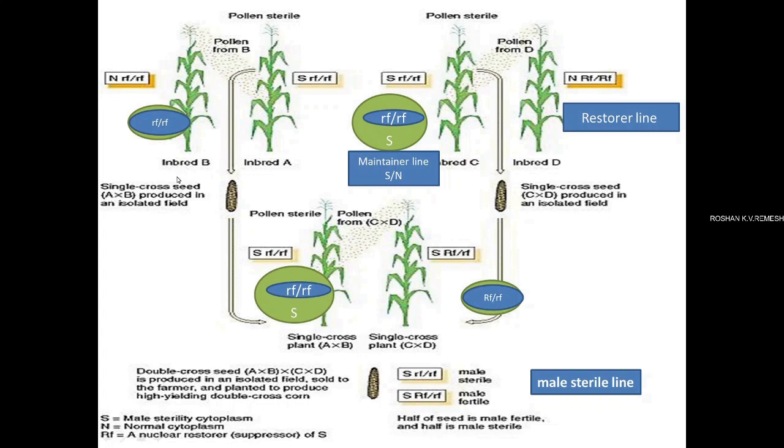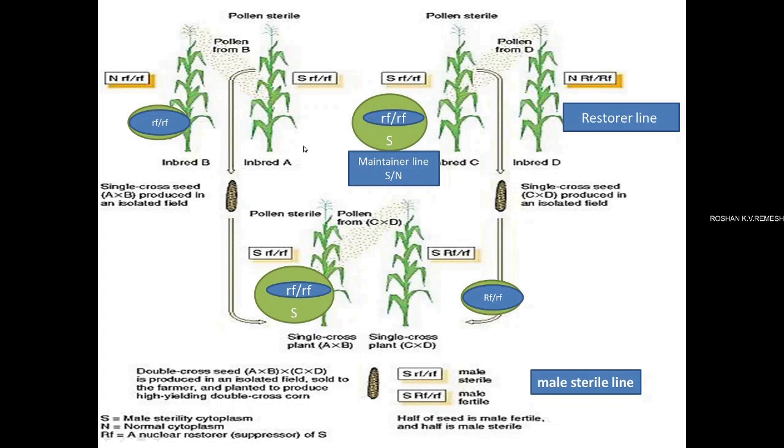I have already told you that both B and D lines are male lines because the pollen is actually derived from these B and D lines. See, this is the schematic representation of a pollen. It has a little bit of cytoplasmic content in it. See this green area that shows the cytoplasmic region, and this is a normal nuclear region that has RF genes.